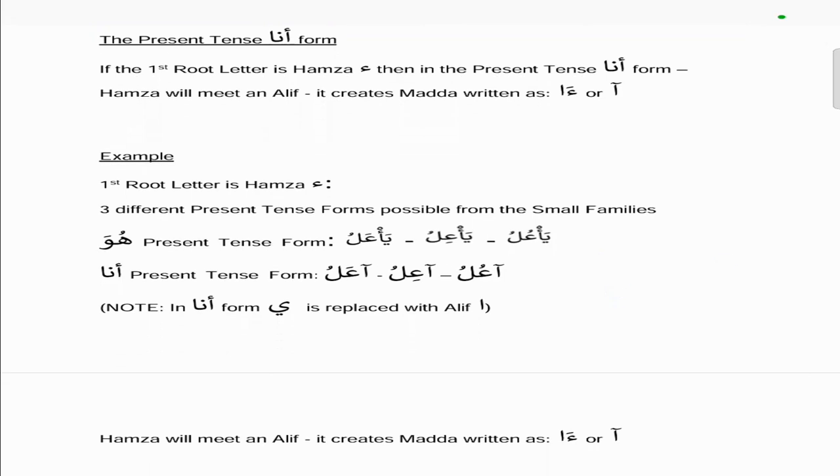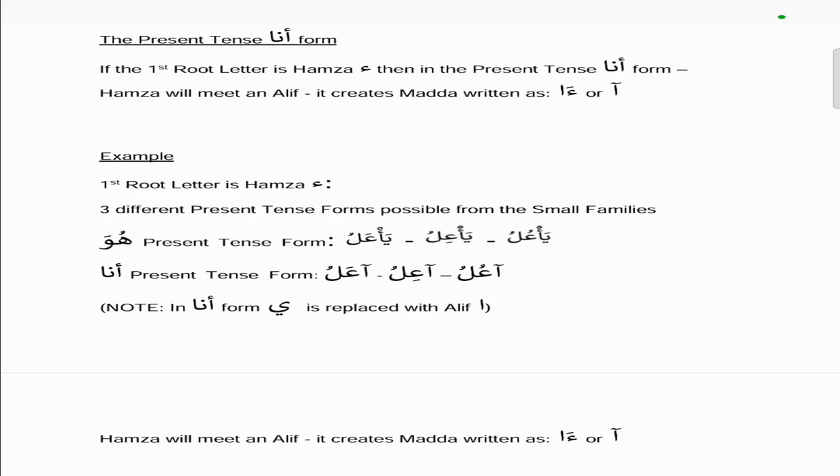Now the present tense ana form: if the first root letter is hamza, then in the present tense ana form, the hamza will meet an alif and it creates a madda. An example: if the first root letter is hamza, then there are three different present tense forms possible from the small families.